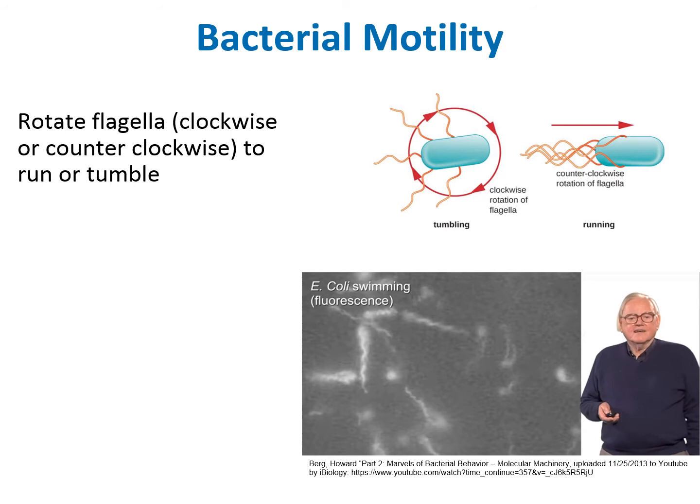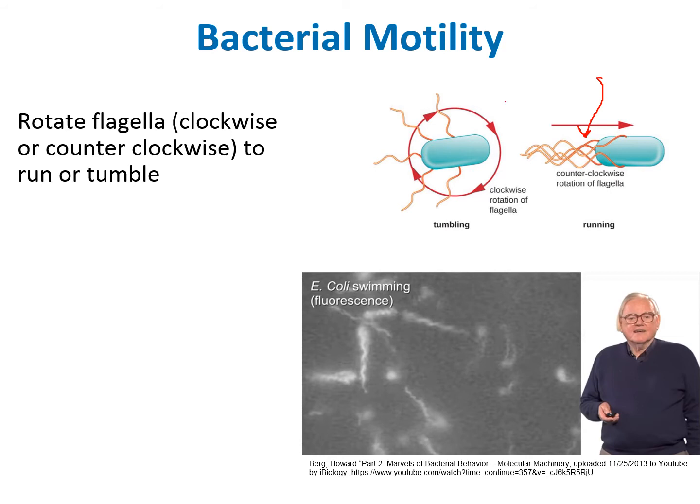When bacteria want to move forward smoothly, they turn their flagella in a counterclockwise direction. This causes all of the flagella to tumble and fall behind the cell, forming a bundle. And as this bundle rotates, it propels the cell forward for about a second. When the cell needs to change direction, some of the flagella will switch to turning clockwise.